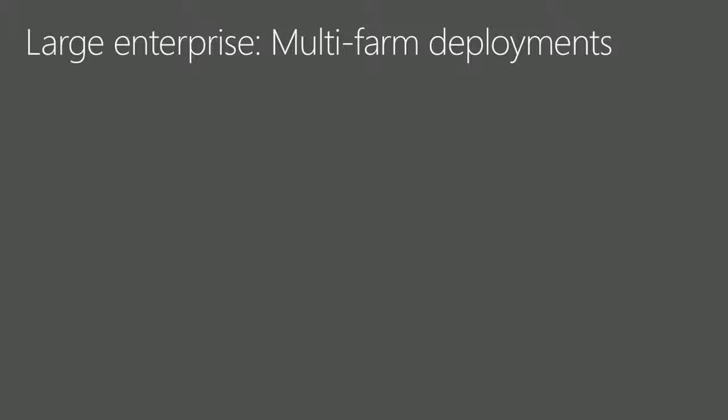So we've largely been focused on search up to this point. What does the search architecture look like, the search farm in particular? We talked about databases very slightly. Let's zoom out and have a look at your entire SharePoint farm, particularly multi-farm deployments, and what the options are for setting that up.